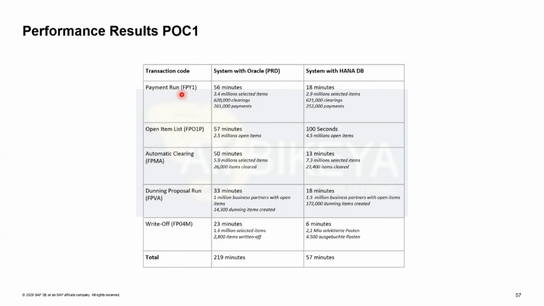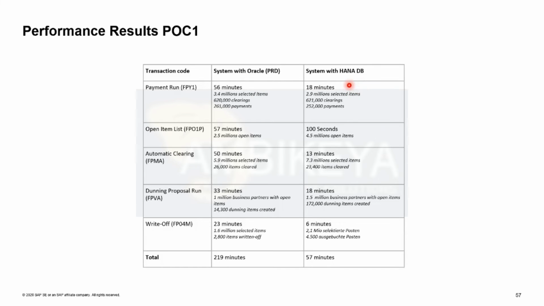Here, just to give you an overview, we did several proofs of concept with customers. For example, this customer here: 56 minutes for 620,000 clearings on the old database with the old hardware, compared with the new database and the new hardware.